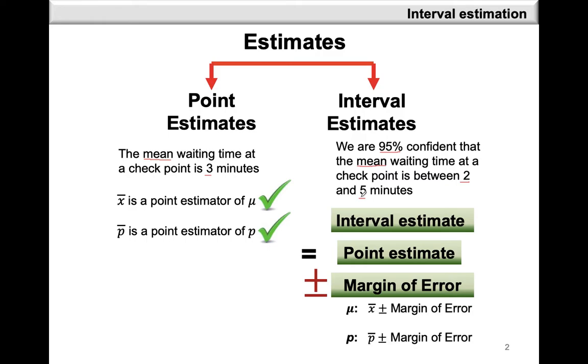So if we want to construct an interval estimate for the population mean mu, the interval will be X bar, which is the sample mean, plus or minus the margin of error. And if we're interested in the population proportion P, then it will be P bar, which is the sample proportion, plus or minus a margin of error.